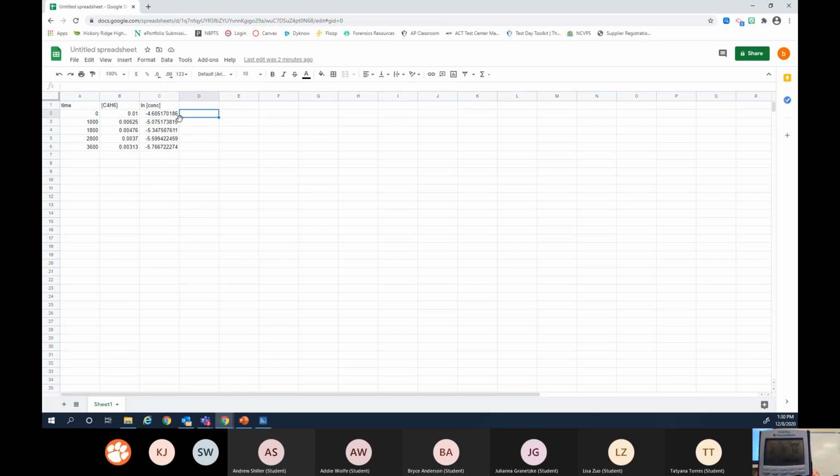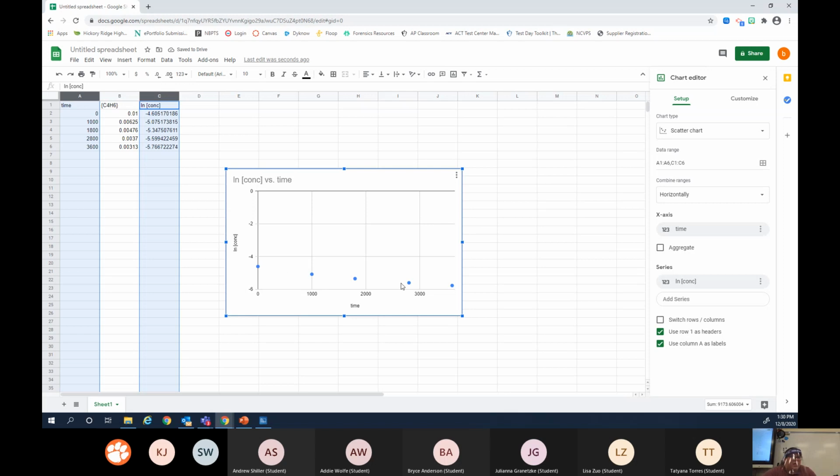Now, if we want to see if that's our second order reaction, we can graph this. On here, if we want to insert a chart, we want to highlight A, and then if you hold down Control, it will also let you highlight C. So click on A, hold Control, click on C, and now you can insert a chart again.